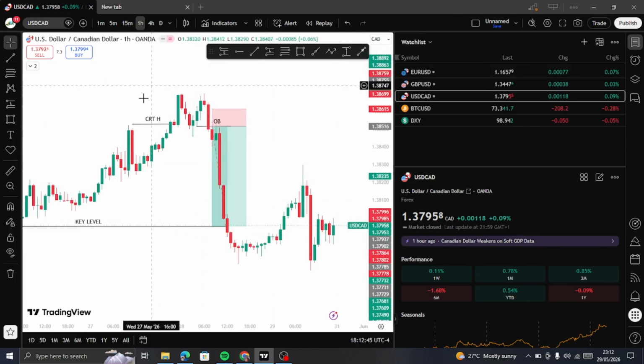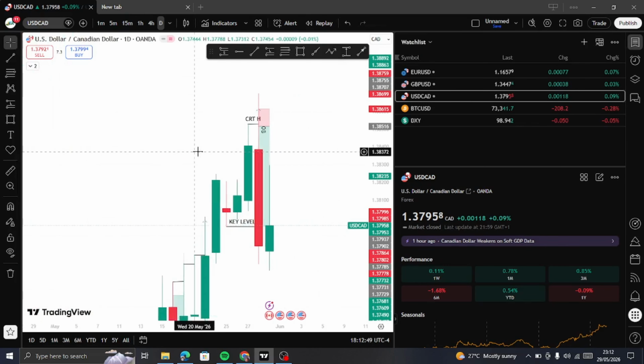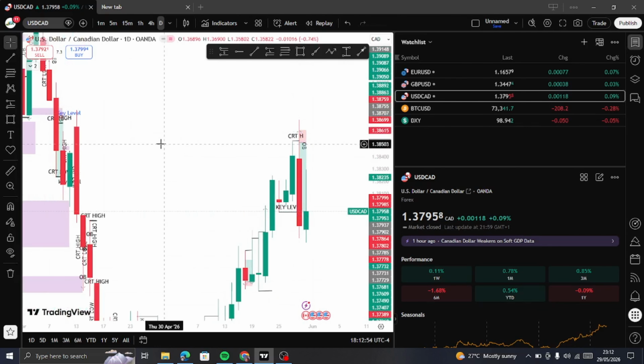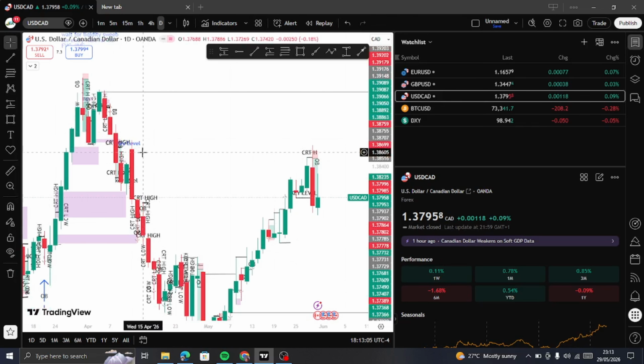Oh, beautiful. Okay. On this one, I didn't really see a key level on this one. I thought there was an A-shaped key level from this side. There was an open close key level.